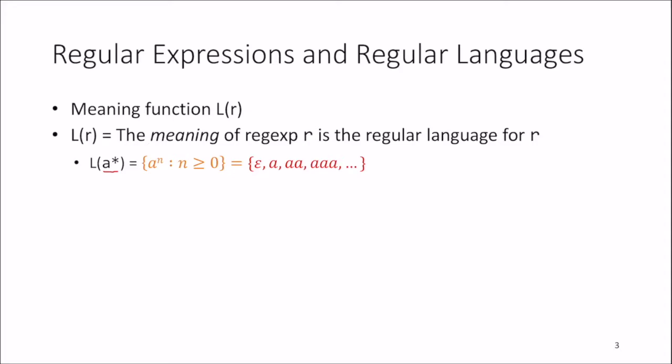So what we're doing is taking this specialized syntax, which is A followed by the asterisk star, and interpreting it and giving it a meaning of this infinite set of strings, which is the empty string, 1 A, 2 A's, 3 A's, etc. So as you can see, we can take a regular expression and map it. So a regular expression is nothing but an ASCII sequence of characters, and we're mapping it to this meaning, which is a set of strings.